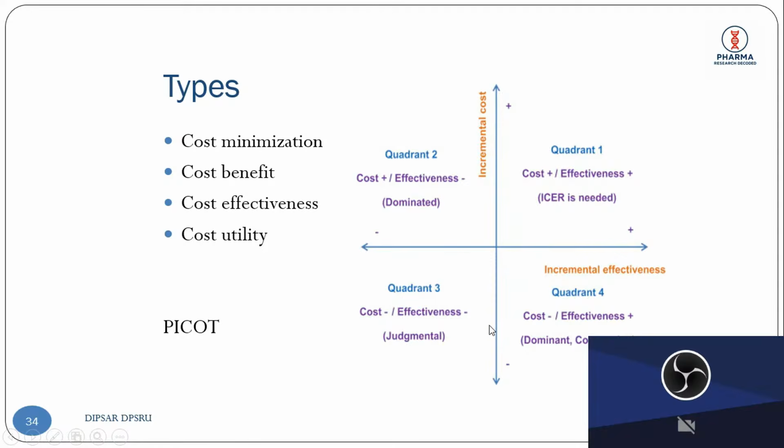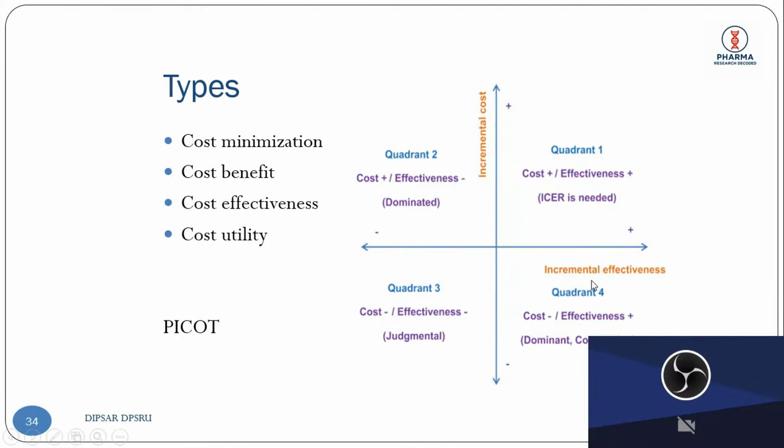Looking at these four scenarios, in quadrant 2 the medicines have high cost and less effectiveness. Do you want such kind of medicines? No, you don't want medicines whose cost is high and whose efficacy is low. The medicine which falls under quadrant 2 is dominated, right? You can easily make the decision. You can easily reject these.